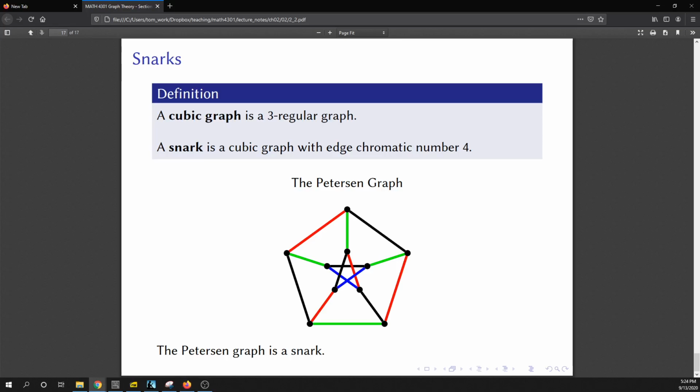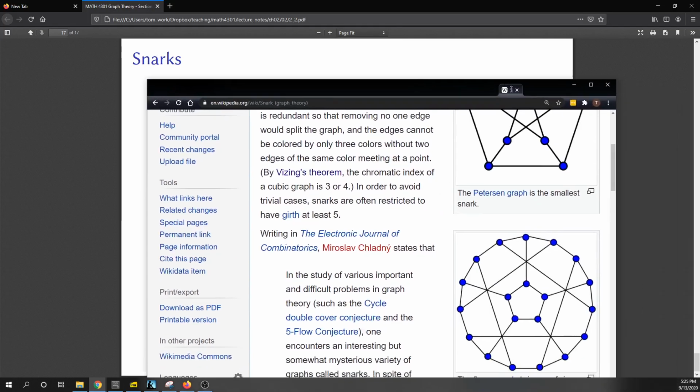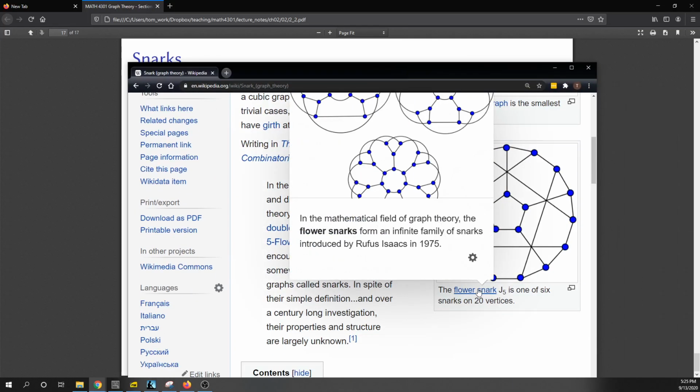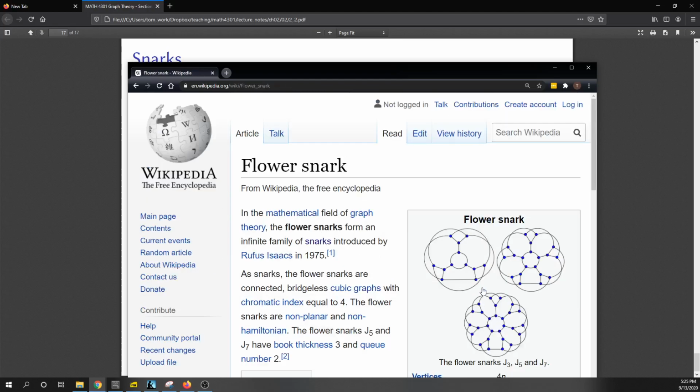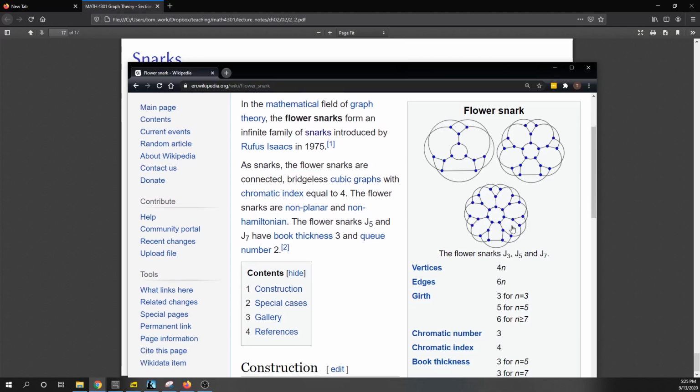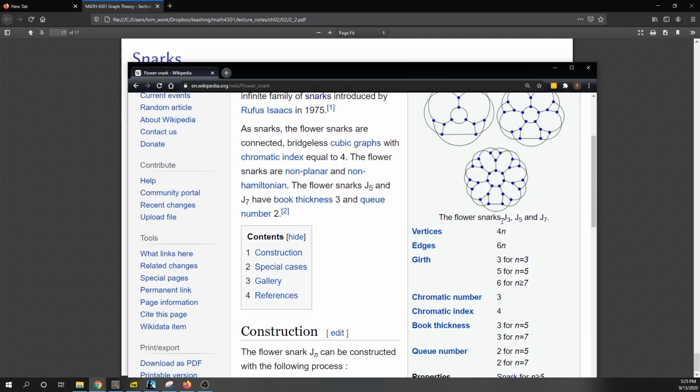So let's take a look at some of the other ones. It's the smallest snark there is. Here's another one that's been drawn out. Here, the flower snark, and you can see there's some other really interesting flower snarks in here as well. Okay.